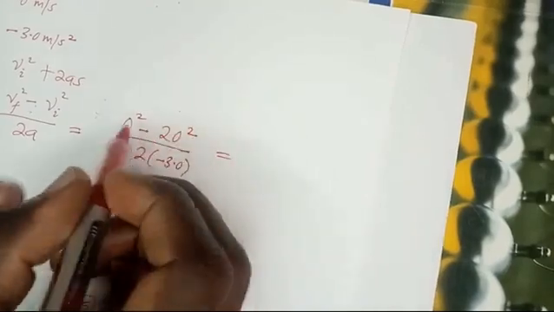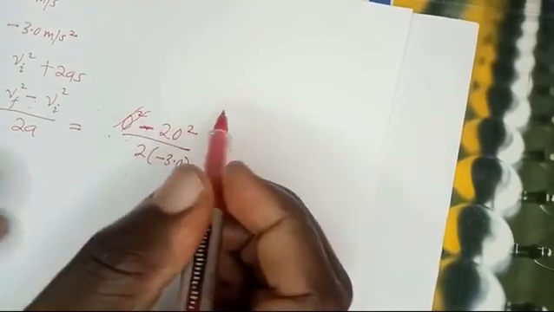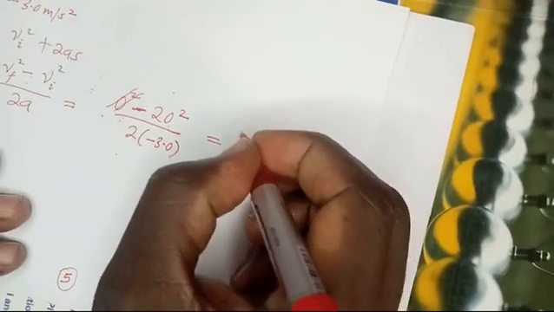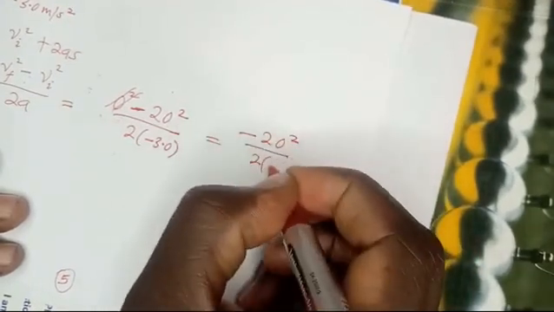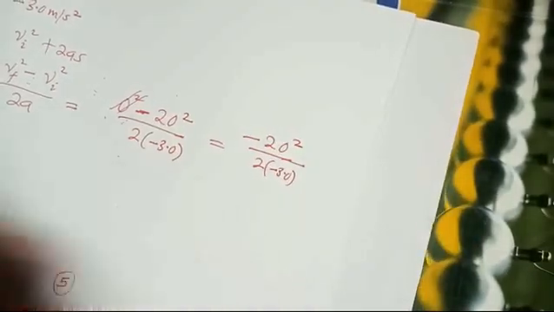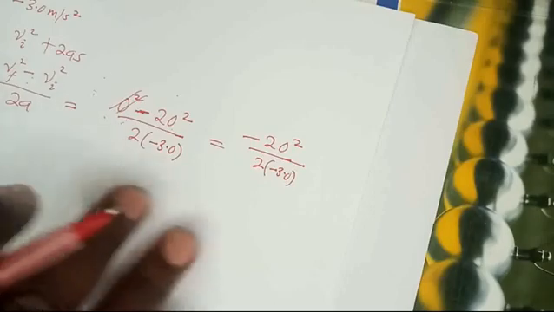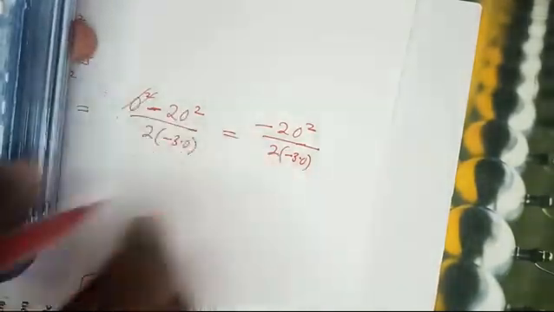Since v sub f is just 0, that term cancels, but the minus here will not vanish, it remains. So I have minus 20 squared divided by 2 into minus 3.0. I can clear the bracket and get negative 6, but I am afraid some students may be confused, so I will leave it like that.